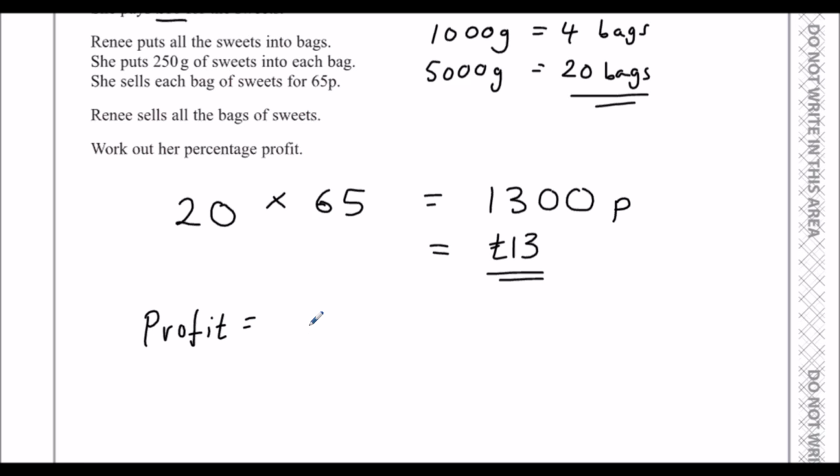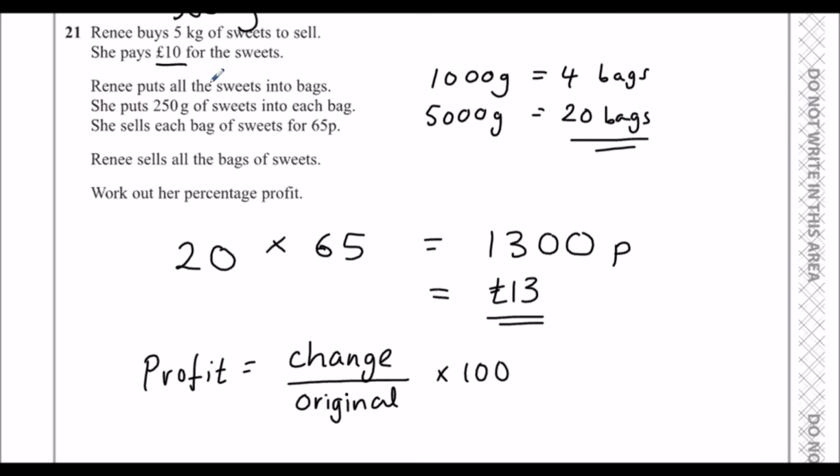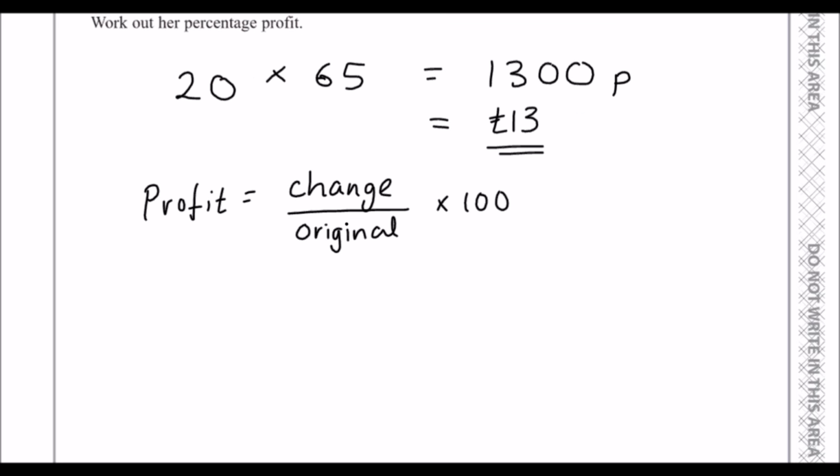or percentage change, is going to be the change over the original times 100. So how much has her money changed? What's her profit? How much has it gone up by? £3. She's made £3. She started with 10, now she's got 13. So her profit is £3.